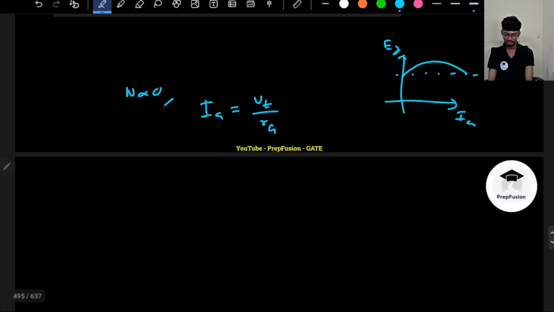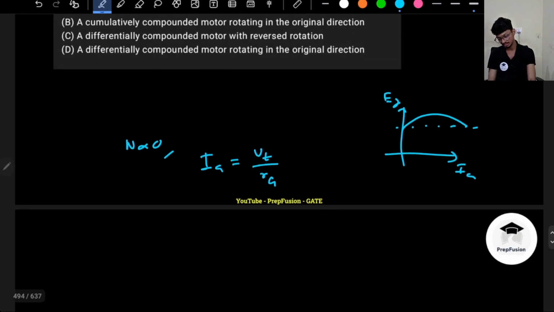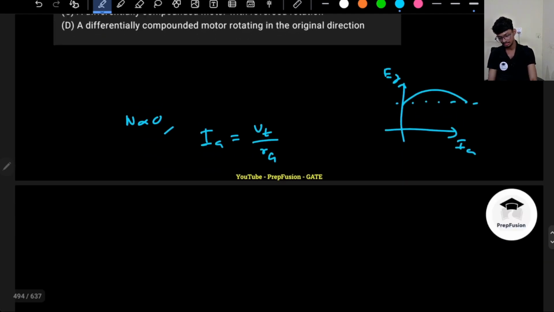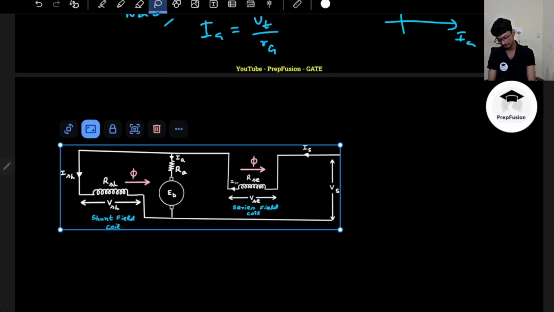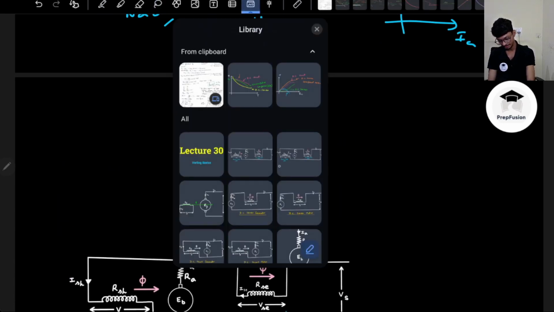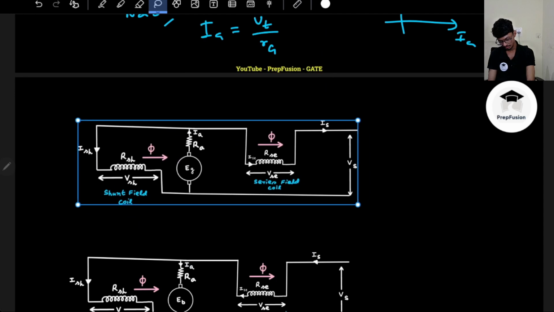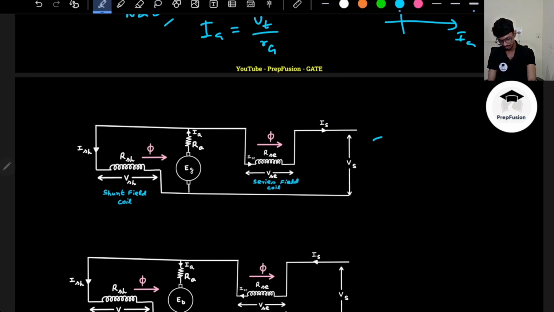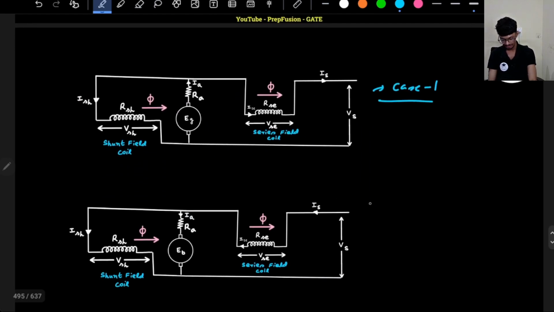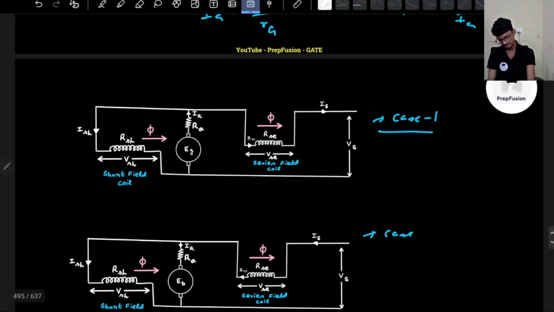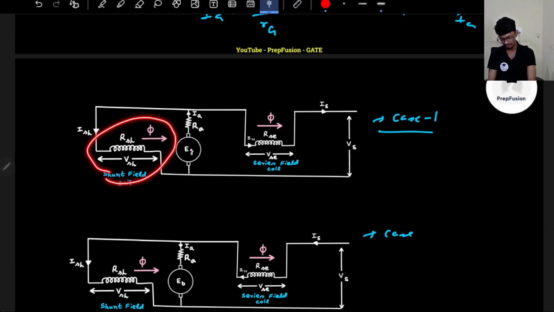So now also the direction of current will be in the opposite direction. Previously, if it was operating as a generator, then it would have supplied the current, case 1, but as it is now operating as a motor, it will receive the current, right? Case 2. So remember the shunt flux direction does not change.